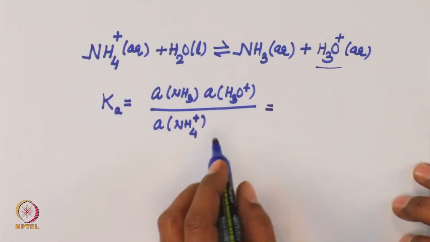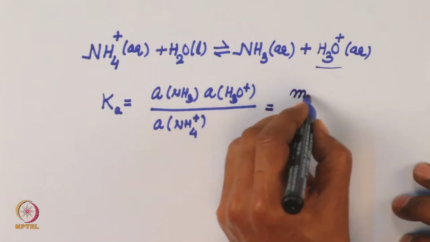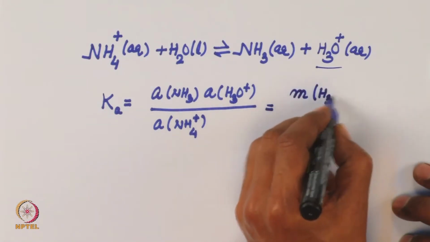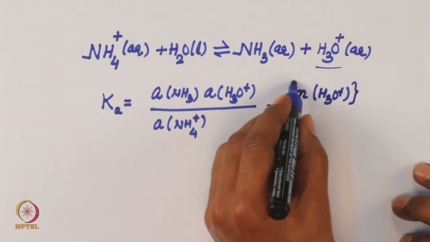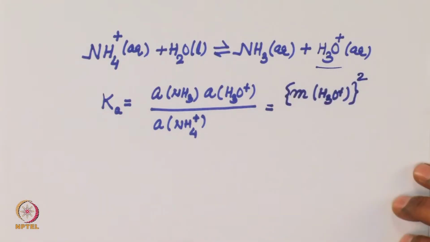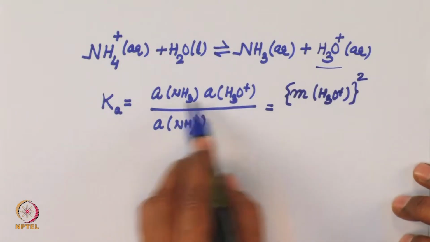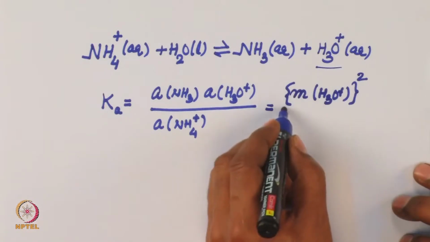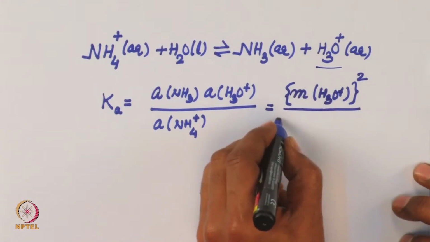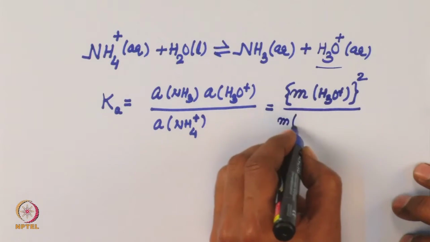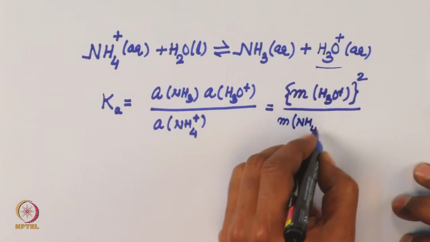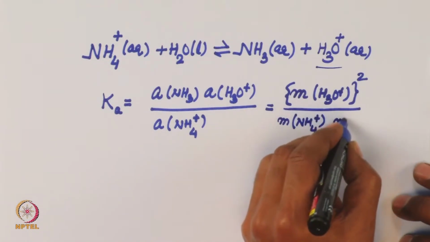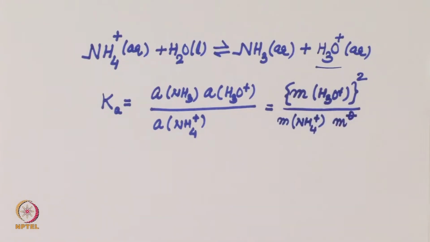So, I will write in terms of molality: molality of H3O plus square, because the concentration is the same, it is 1:1, so molalities are equal, divided by molality of NH4 plus, and I will also put M naught. M naught is 1 mole per kg, because it is to be made a dimensionless quantity.